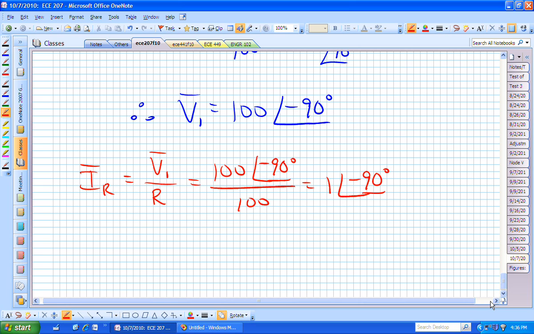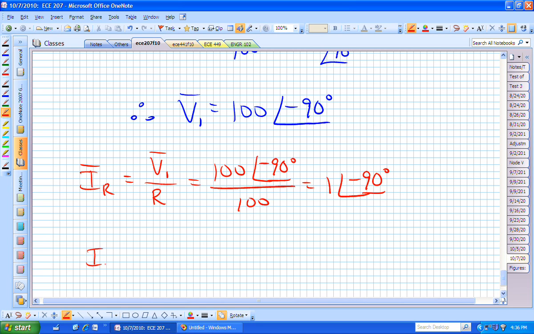We can go into the time domain if we want, but let's do all of these at once. You now know that the current in the resistor lags the original supply voltage by 90 degrees, because the original supply voltage started at 0 degrees, and this one relative to that is minus 90.